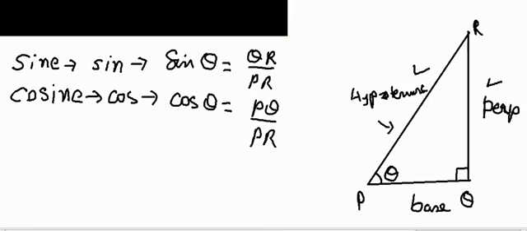That is base by hypotenuse. Here, this is perpendicular by hypotenuse, and this is base by hypotenuse. A third ratio which we have to know is tangent.